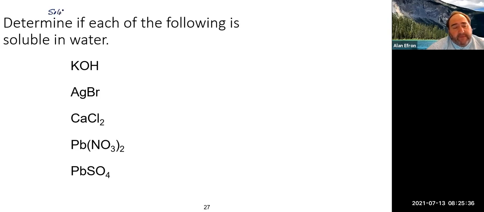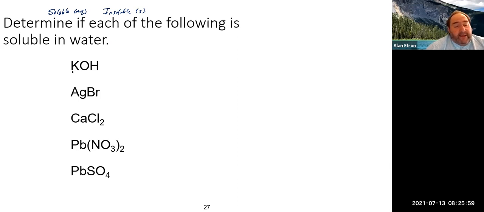Remember that if you determine it is soluble, it should get that aqueous symbol, which basically means they're floating around as ions in a solution. If you determine something is insoluble, it should get the solid symbol, which means it's a precipitate. So either a rock hard solid, or some stuff floating around in solution.